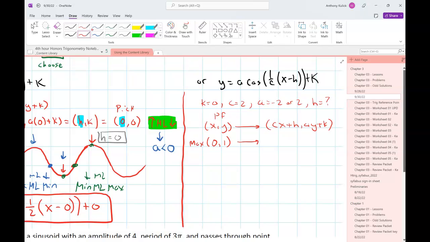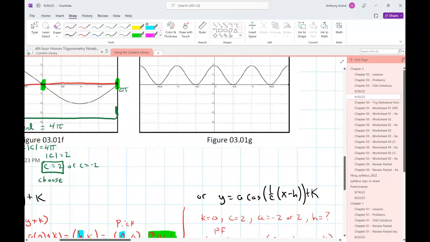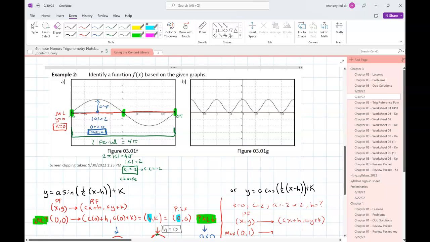So in our transformed function, the point I need to pick is a max or a min. If I'm using a max, the A has to be positive. If I used a min, then the A would need to be negative.